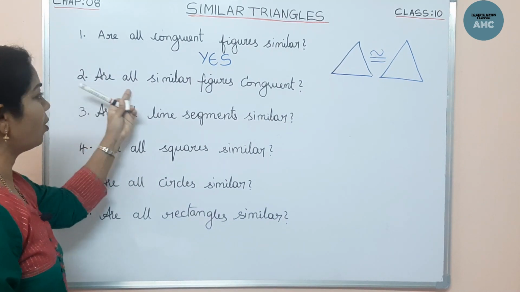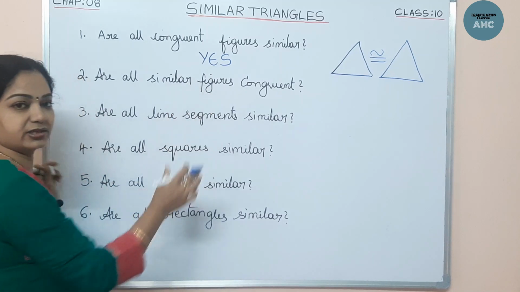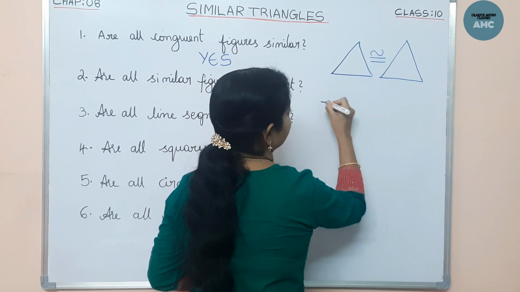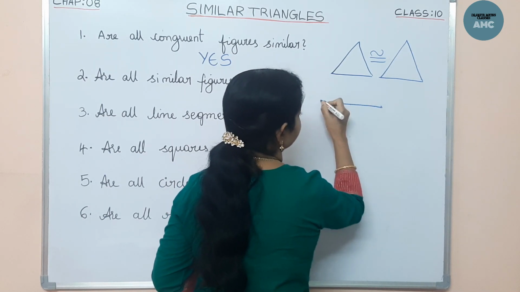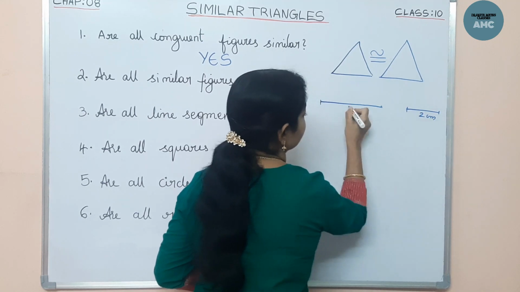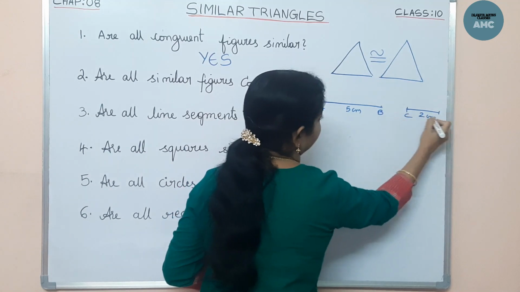Now, are all similar figures congruent? Let me take the case of a line only. If I take this line and this line, this is 2 centimeters, this is about 5 centimeters. AB and CD.